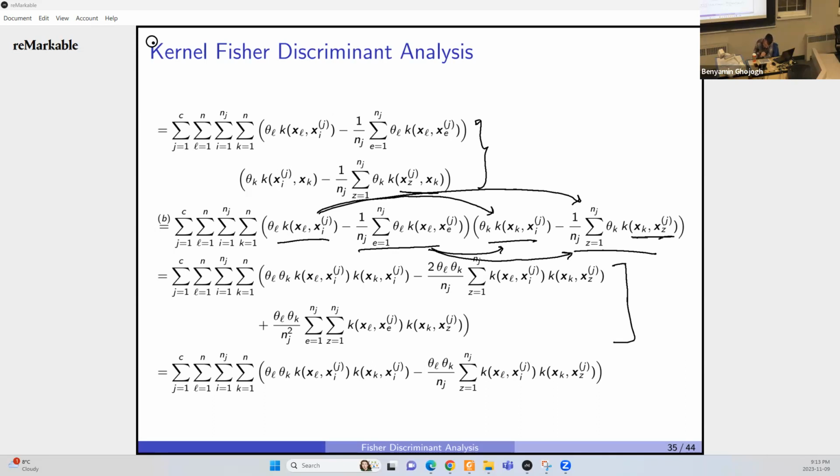Okay, I don't know why this happened, but ignoring this squared, I should think about it. There is no time for me to go over to think about it. But if we ignore this, these two terms can cancel each other, simplify each other to become minus one of them. Okay, but I don't remember why nj is squared in the denominator of this one. Okay, if you study it later and find it out, let me know either in the comment of YouTube or let me know offline. But yes, it becomes simplified to this one.